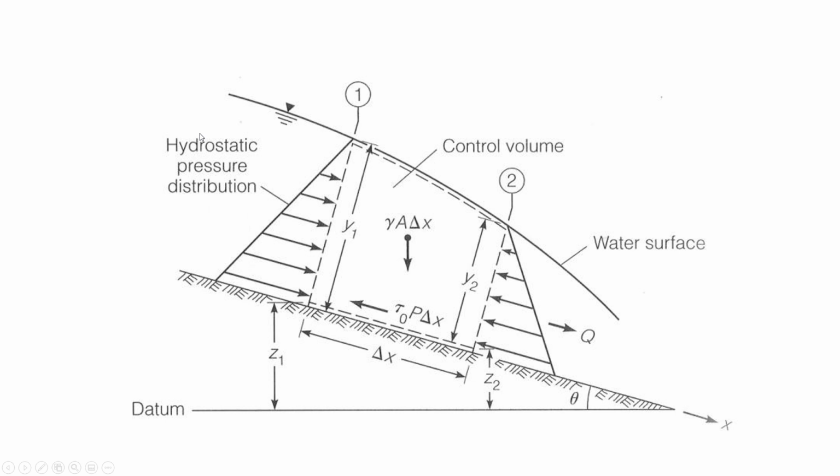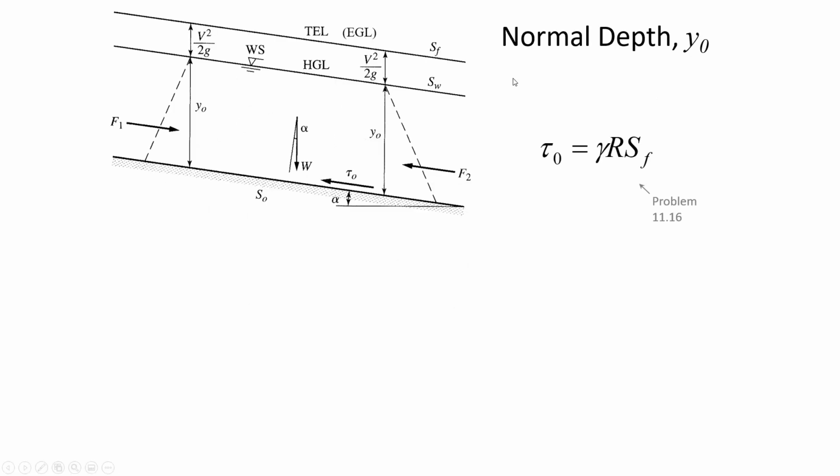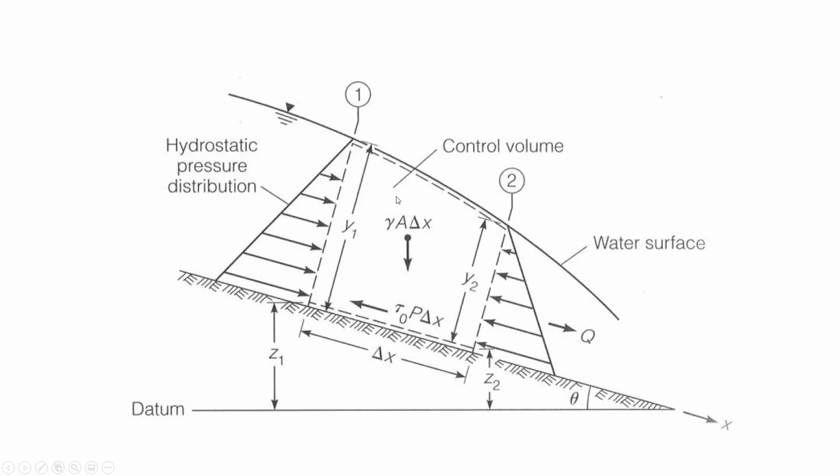So it's complicated, and we will get there, but for normal depth, you'll notice that the water slope is parallel to the channel slope. Whereas in this prior slide here, the slope of the channel is different from the slope of the water, because you can see that the water is getting shallower as you move downstream.